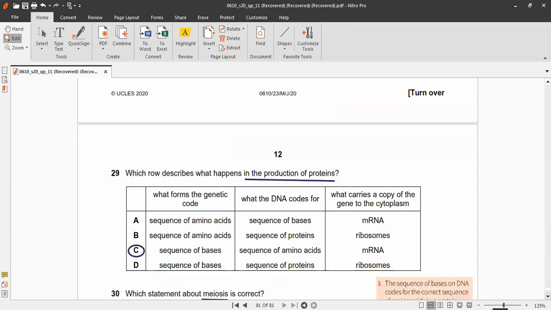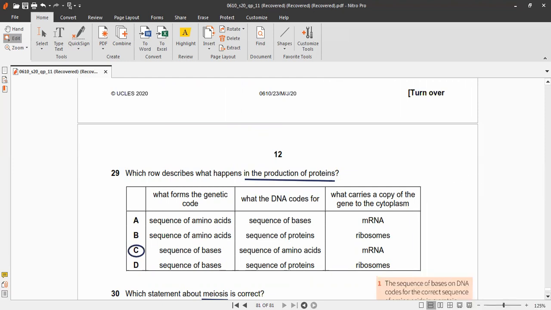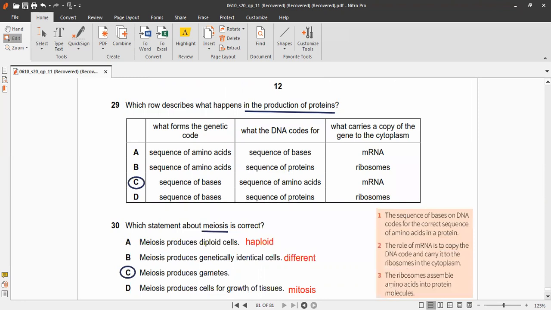Which row describes what happens in the production of protein? First, the sequence of bases on DNA codes the correct sequence of amino acids. The role of messenger RNA is to copy the DNA code and carry it to the ribosomes in the cytoplasm.